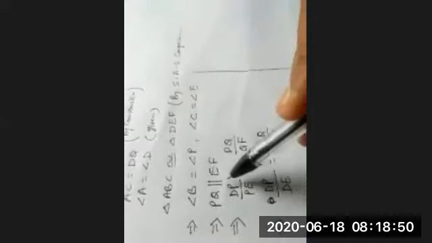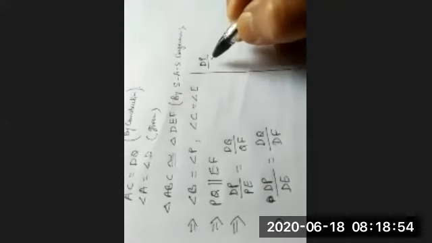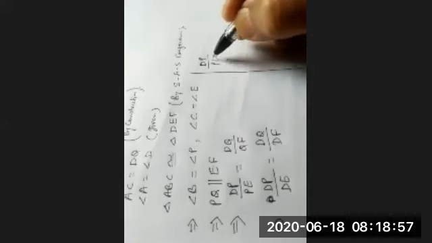Are both equal? Say yes or no fast. Now see here, I am showing you. We have written first what? DP by PE is equal to DQ by QF.